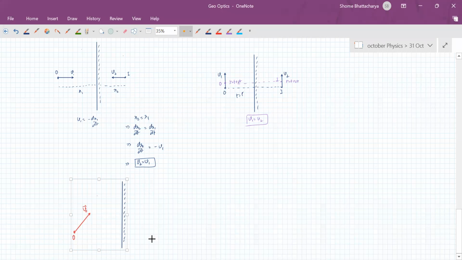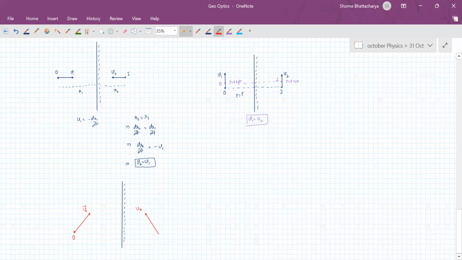Yes, if you write with sign convention, it will be so. I'm already showing the magnitude and direction. They will be equal and opposite in the case of the normal velocity. So that is shown in the vector direction. You see, v2 is opposite of v1, whereas in the parallel case, it is the same direction.